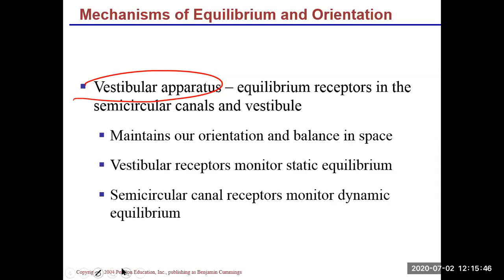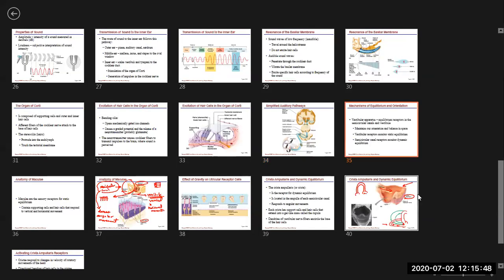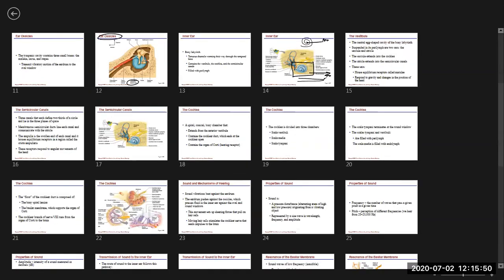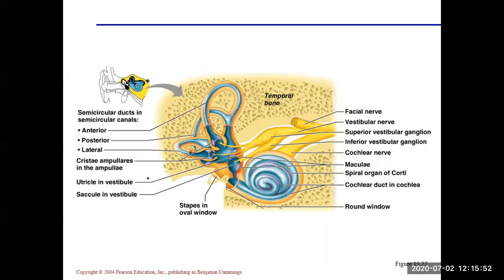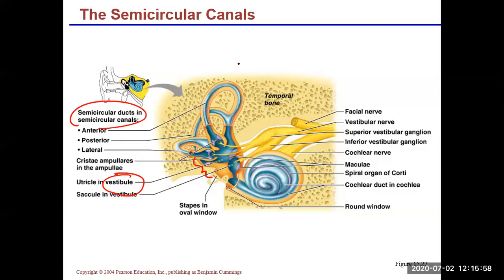Okay, so let's go ahead and take a look at what about the vestibule. If we take a look here, there is a vestibule right around here, and there is also a semicircular canal attached to it. I wanted to elaborate a little bit, not a whole lot, on the vestibule and semicircular canal.